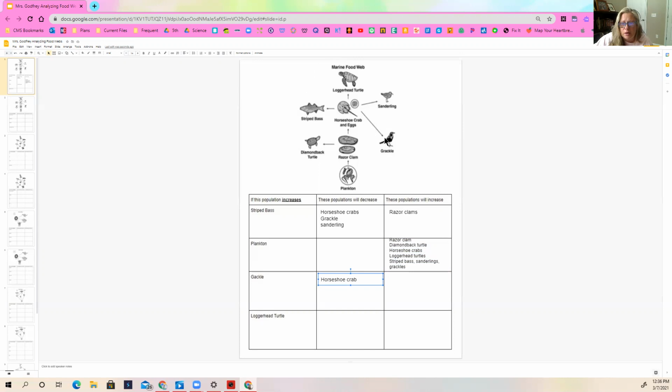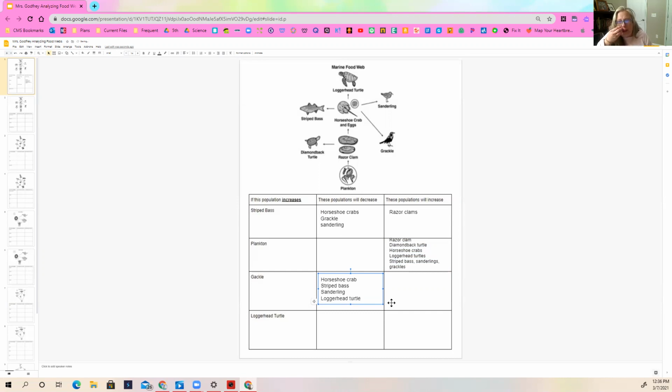So if there are too many grackles, then the horseshoe crab could decrease, and then everything that eats the horseshoe crab could decrease too. So that would put the striped bass as a decrease, and it could put the sanderling as a decrease and the loggerhead turtle.